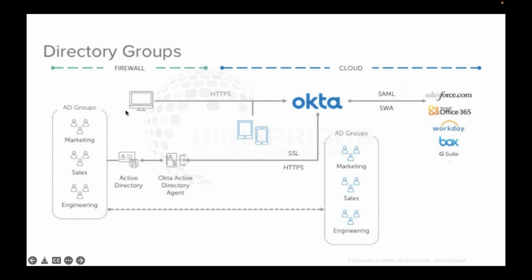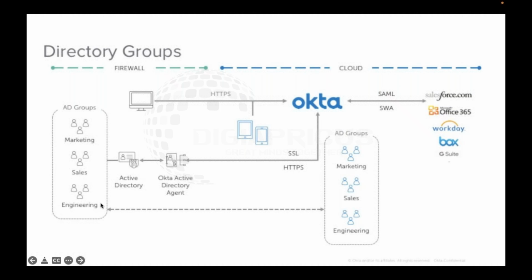Again, you have the browsers, and you do an HTTPS request to Okta. Then Okta has a link with the Active Directory or the LDAP directory using an AD agent. The agent I'm talking about is hosted in the cloud, so you just have an integration with Okta. The Active Directory has multiple groups like marketing, sales, and engineering.